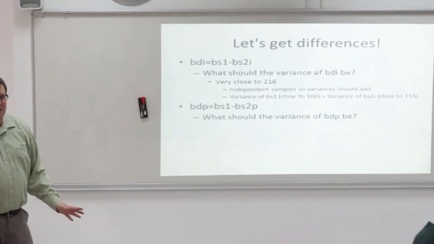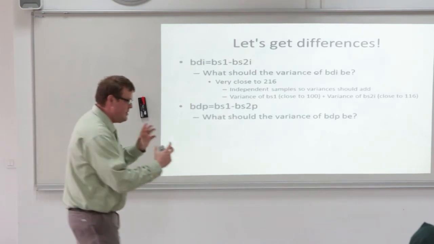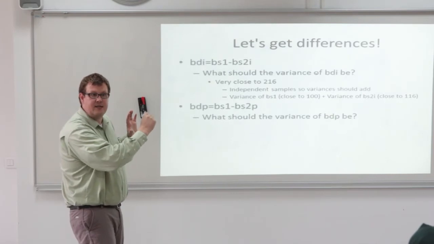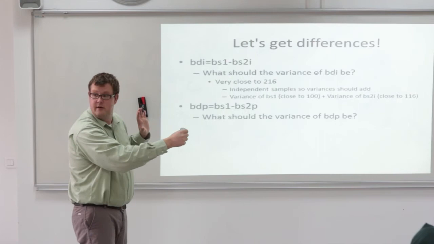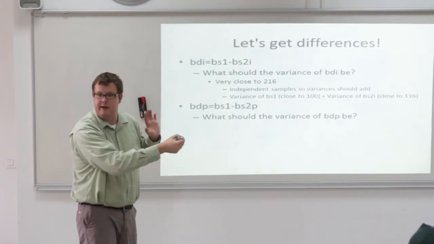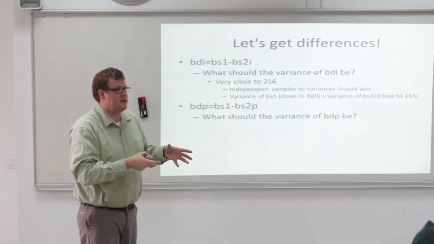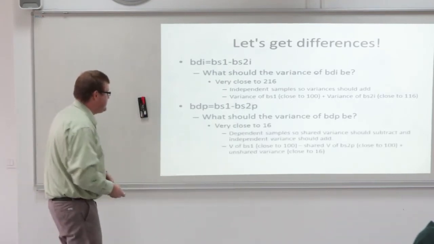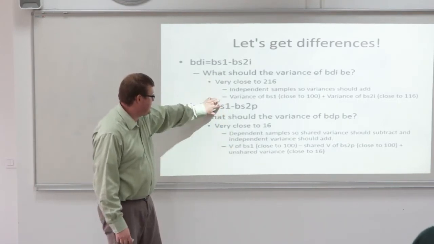All right. Why? Well, earlier when I said the variance is subtract, I said when you subtract paired samples, you have the variance of the first minus the shared variance of the second, right? I didn't say minus the variance of the second, I said minus the shared variance of the second, plus the unshared variance, plus the independent variance. So it should be very close to 16. So we have the variance of our sample 1, which is close to 100.